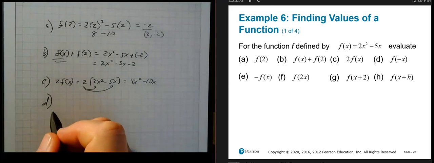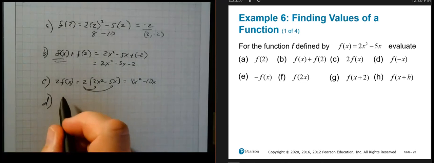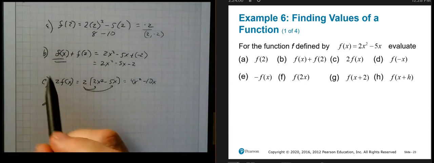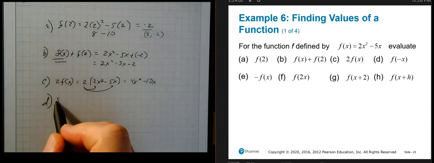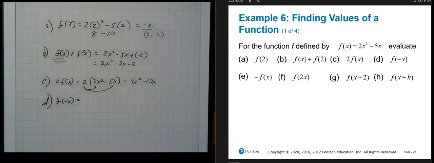Letter D is something similar, but, oh no, it isn't. Letter D, we're doing f of negative x. So when you're replacing x with an expression, you need to be careful, especially if you're dealing with exponents.